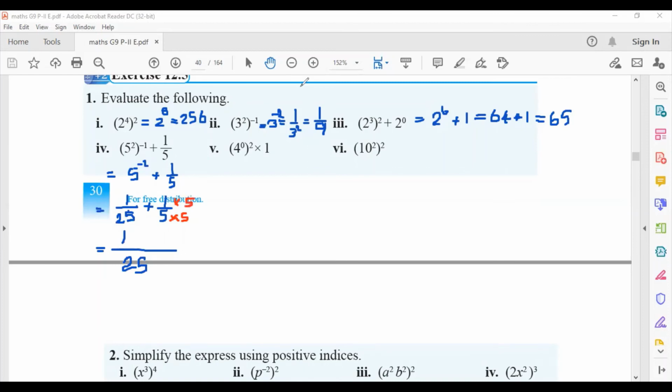Then it is 5 times 1, which is 5. Then the answer is 5 plus 1, 6 upon 25.